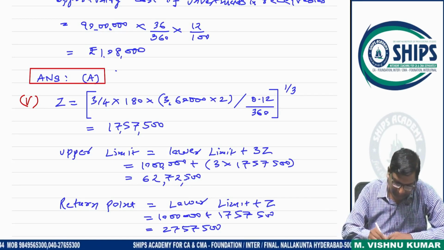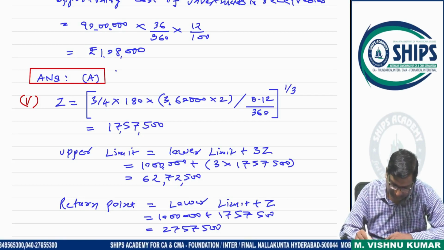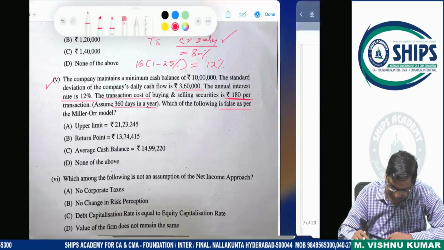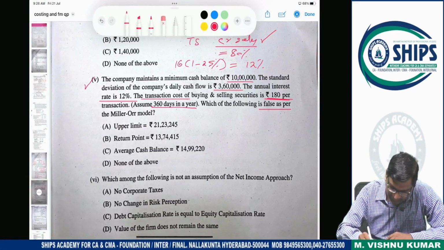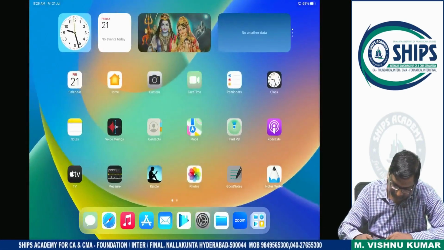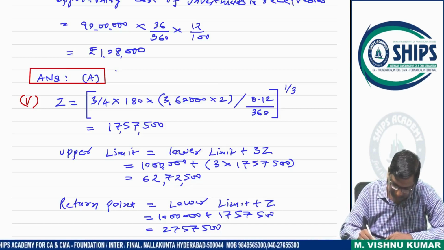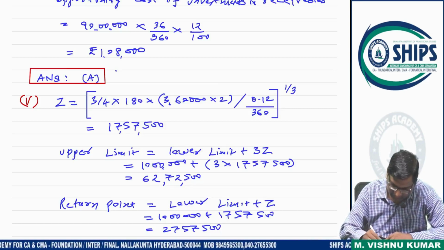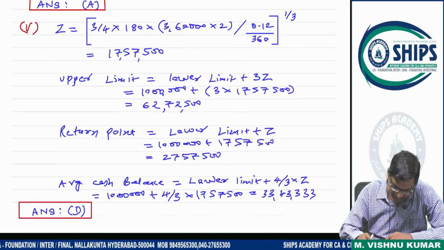Clear? Upper limit is lower limit plus 3Z. The lower limit is already given here, minimum cash balance 10 lakh, plus 3Z. Z is already calculated, so accordingly 62,72,500 is coming.